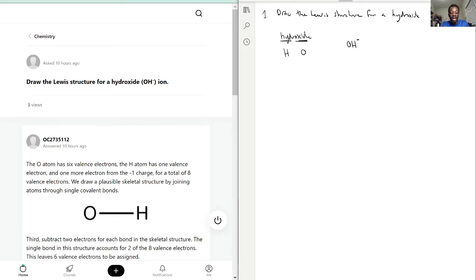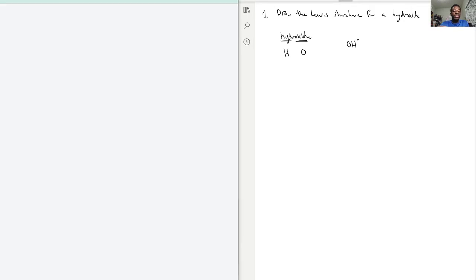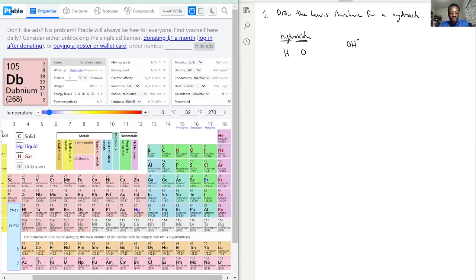Okay, so now they're asking us for the Lewis structure. So first we have to actually figure out how many electrons each atom contributes. For this we have oxygen, and oxygen is on the 16th column. Another way you can do this is by breaking it down by its electron configuration.